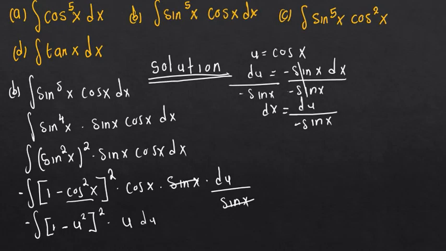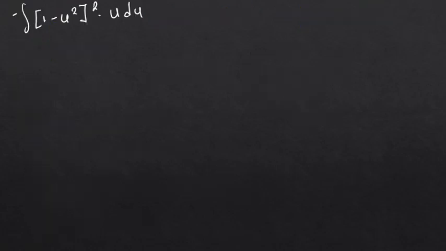Okay, so our u is equal to cosine x. When we reach here, what we do is this: we can expand. So let's try to expand this. The concept is the same when expanding.